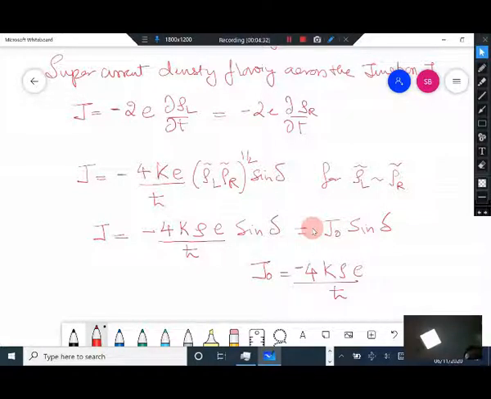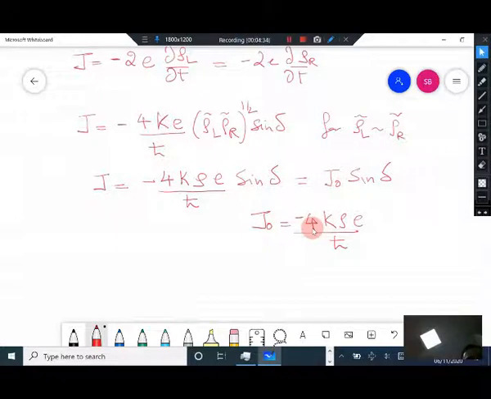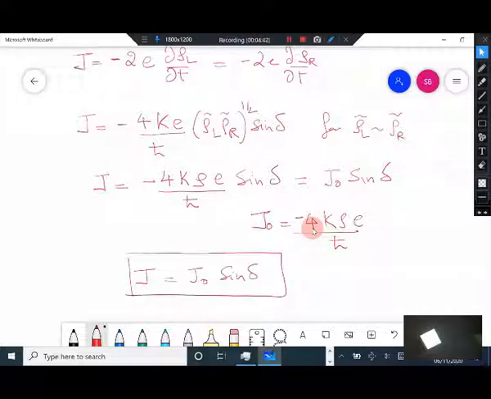And therefore you get your first Josephson relation, namely the Josephson current J is equal to J0 sin delta. This is the first Josephson relation, which tells you that the current flowing across the junction depends on the phase difference between the two superconductors.